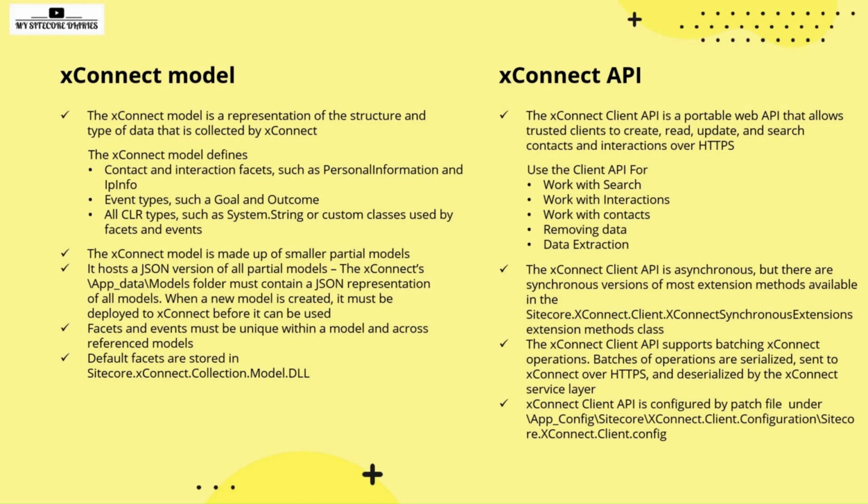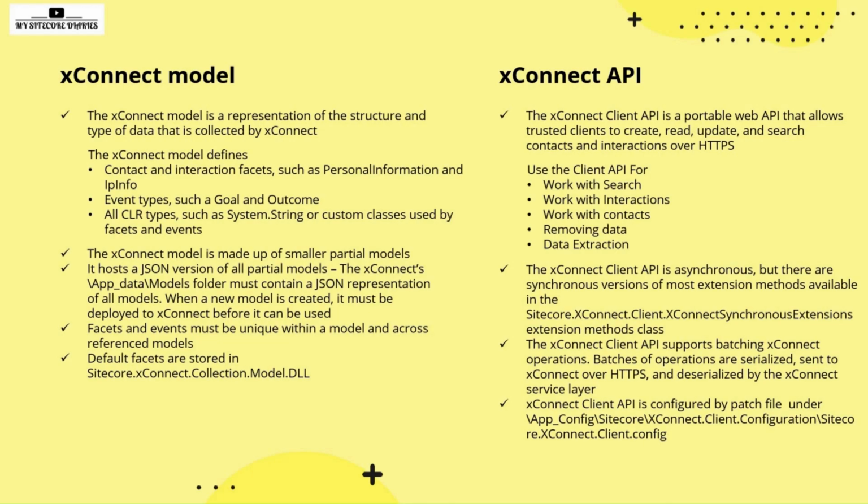The xConnect Client API is configured by using a patch file, and that patch file is under App_Config/Sitecore/XConnect.Client.Configuration, and the file name is Sitecore.XConnect.Client.Config.